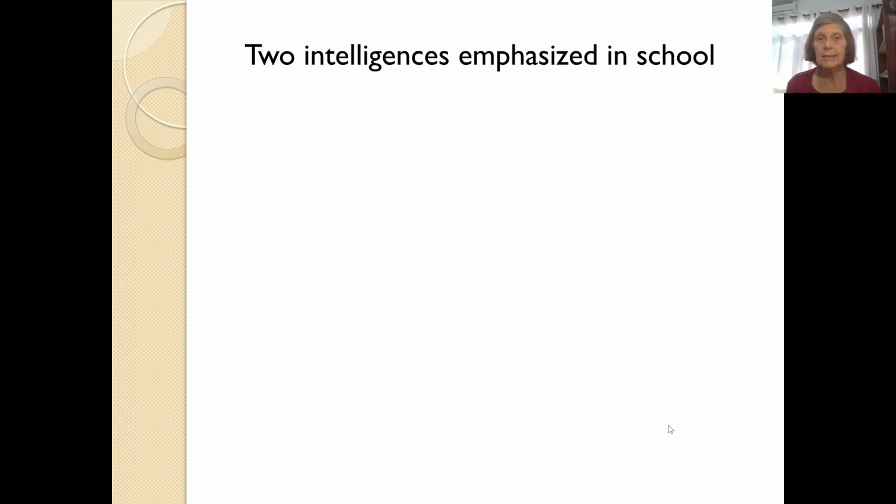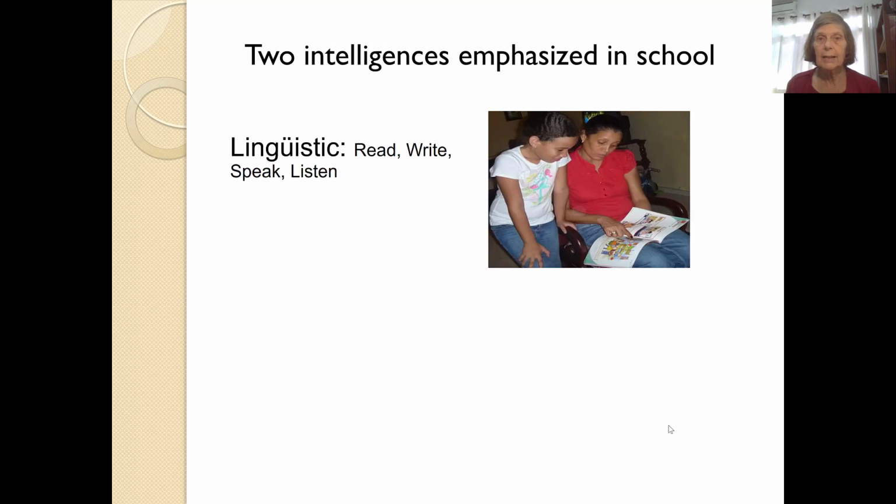There are 2 intelligences that are especially emphasized in school. These are linguistic intelligence, which we use to read, write, speak, and listen. And also logical mathematical intelligence that we use, obviously, in math classes.